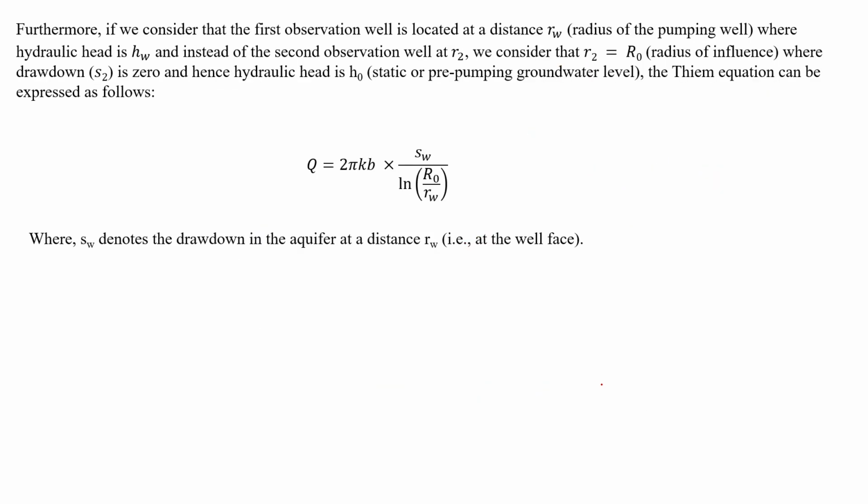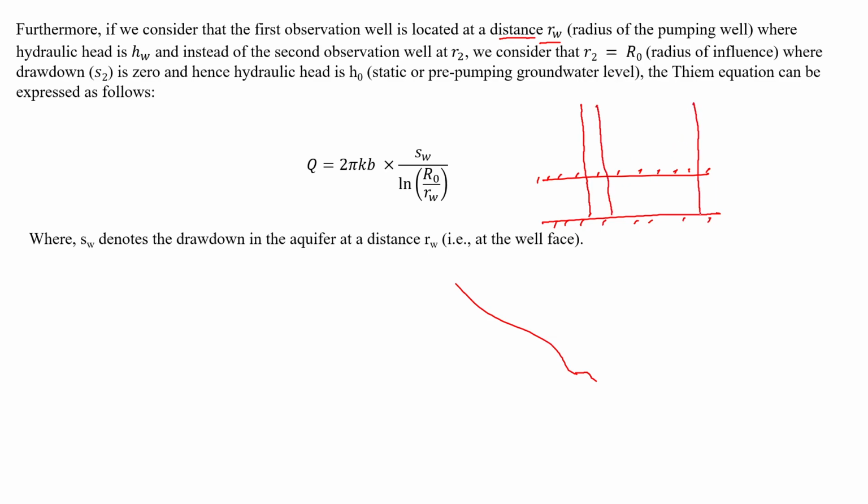So let's assume, suppose we consider the first observation well located at a distance of rw. Rather than that, we will take one well. This is a confined aquifer, and this is another well.